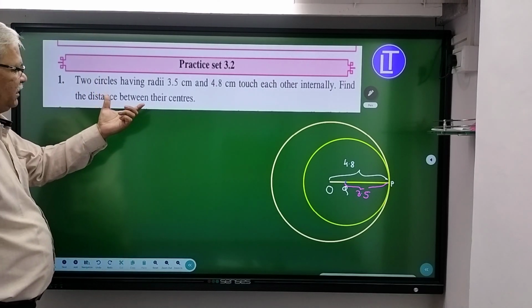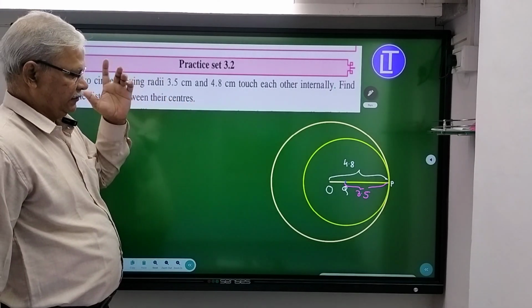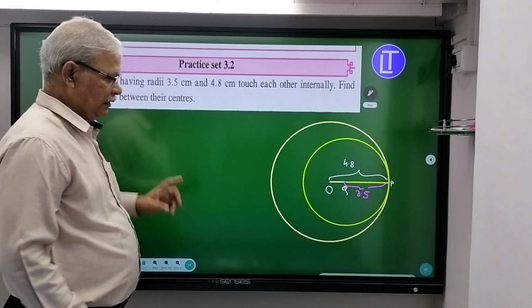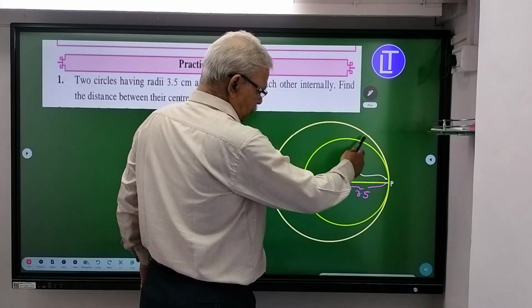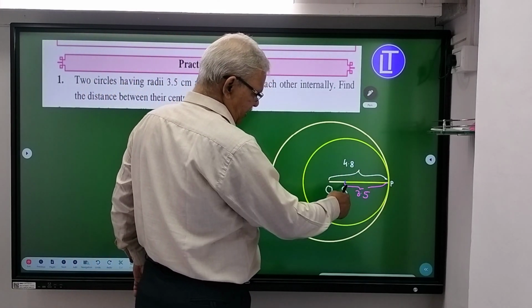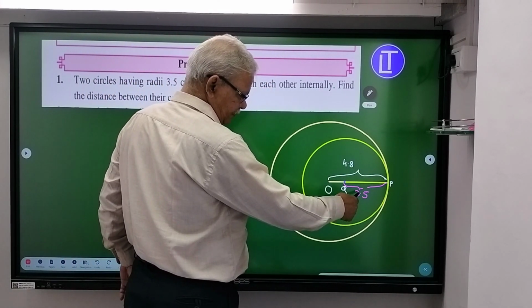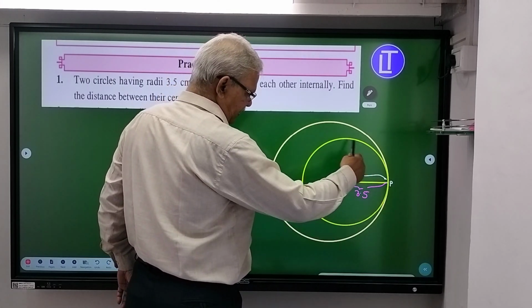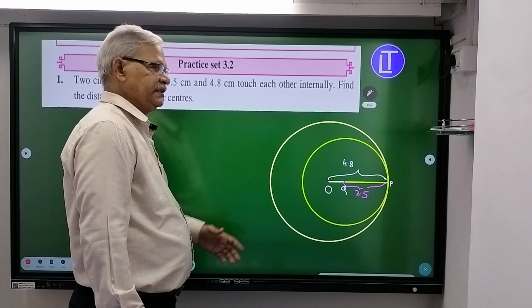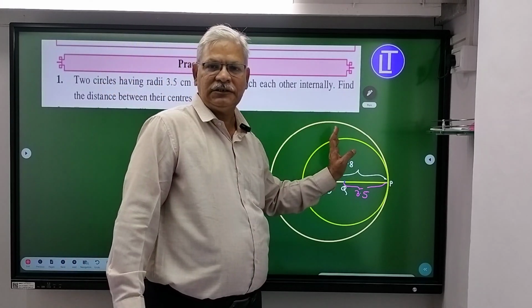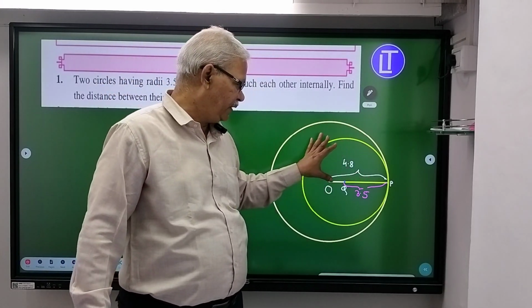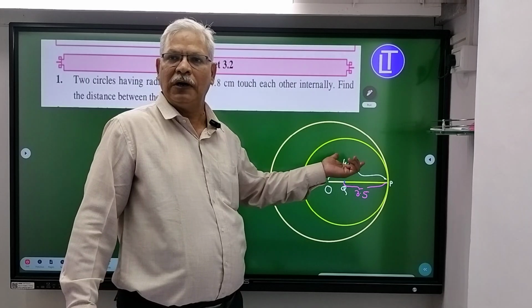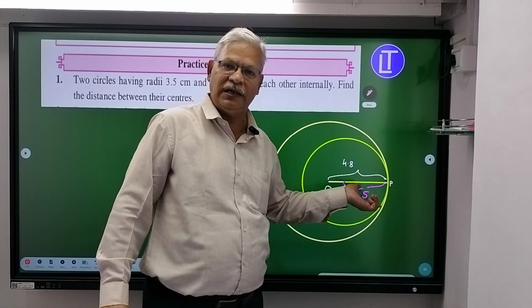Find the distance between their centers. Here, one circle has radius 3.5 and the second has radius 4.8.